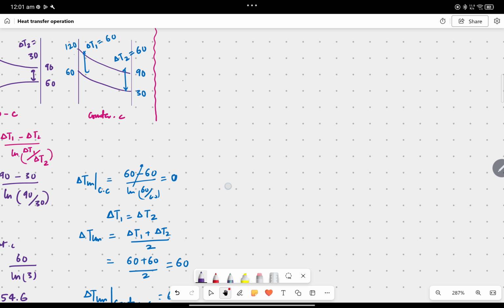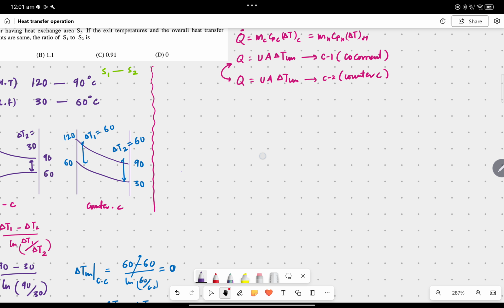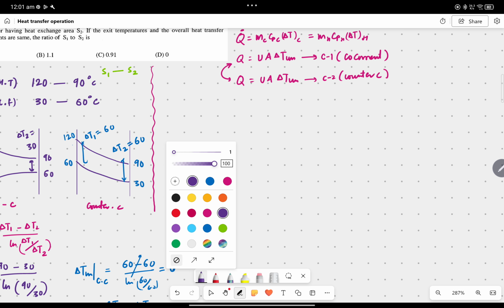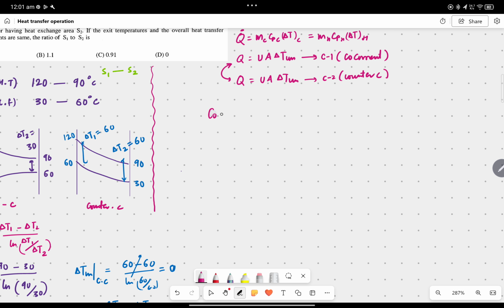Now we are going to use these values in the heat duty equation, for the co-current case and for the counter current case. For co-current, Q is equal to U S1 delta TLM, and for counter current, Q is equal to U S2 delta TLM.